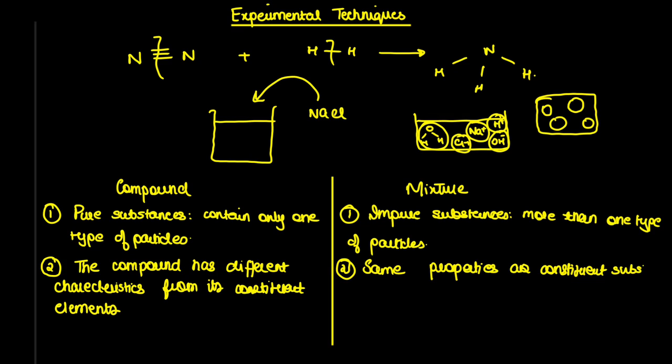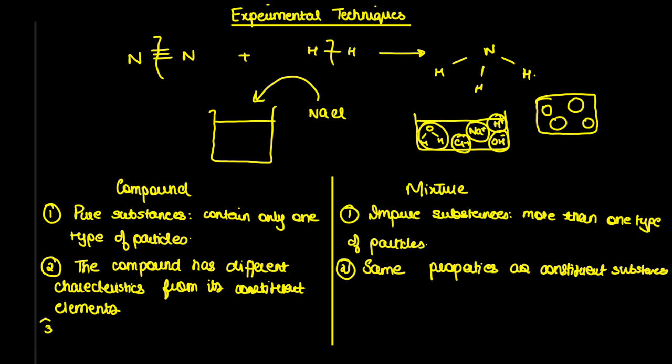Now I'm using the word substances here instead of elements, because there can be a mixture of compounds as well. All right, and it will show the characteristic properties of the compounds. All right, I'll explain that in a minute.